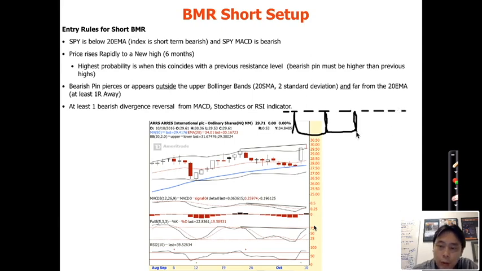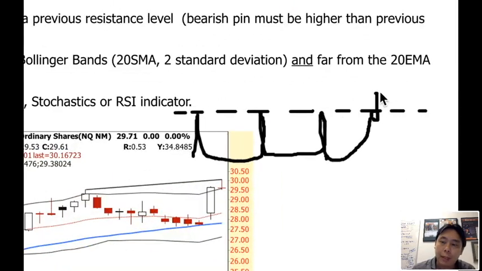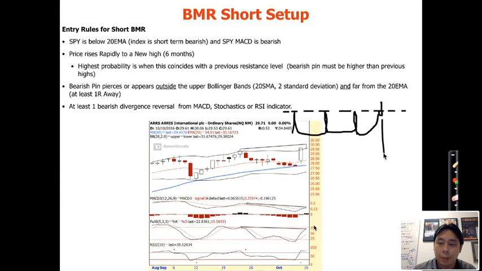What we're going to see is the price going up and having a bearish pin bar, like so, and we want this bearish pin to be higher than the previous highs of that resistance level. So this high takes out all these highs, and then we anticipate it to reverse back down.